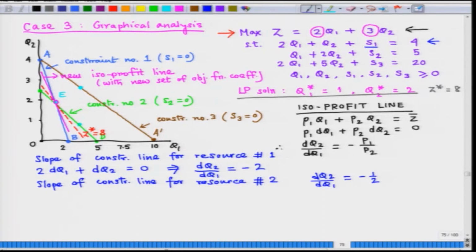To have some comparison between the slopes, let us now work with the absolute values of these slopes. So, I will take the mod value of all this, ignoring the negative signs.